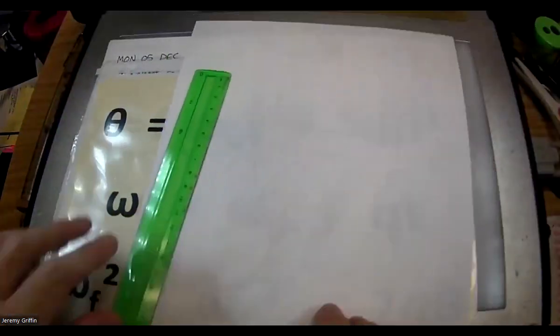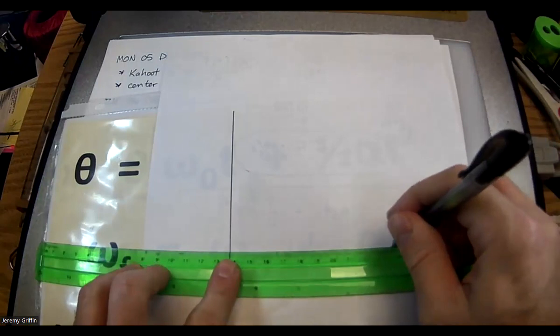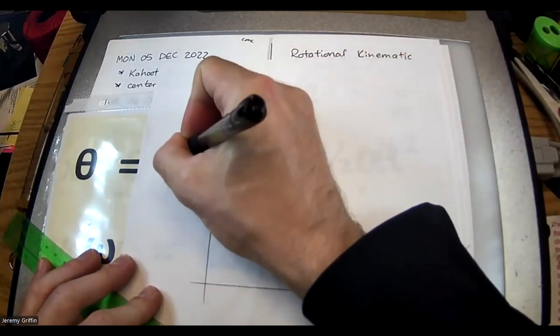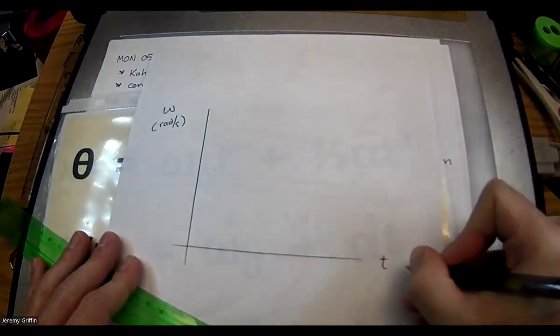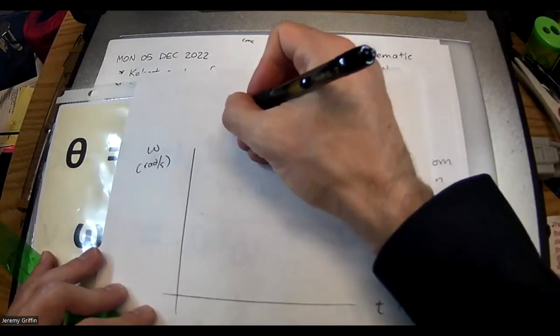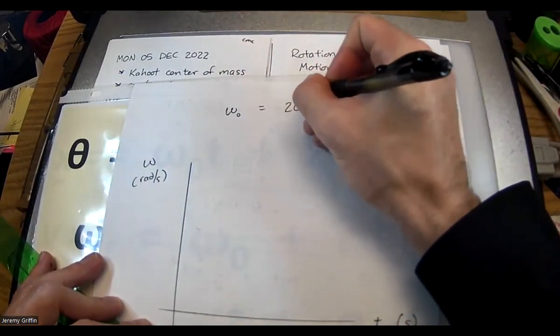Okay. And you could also have used a graph. So let's set up some axes for you guys. Omega in radians per second as a function of time, taking in seconds. Remember, I told you the initial omega is equal to 20 radians per second.